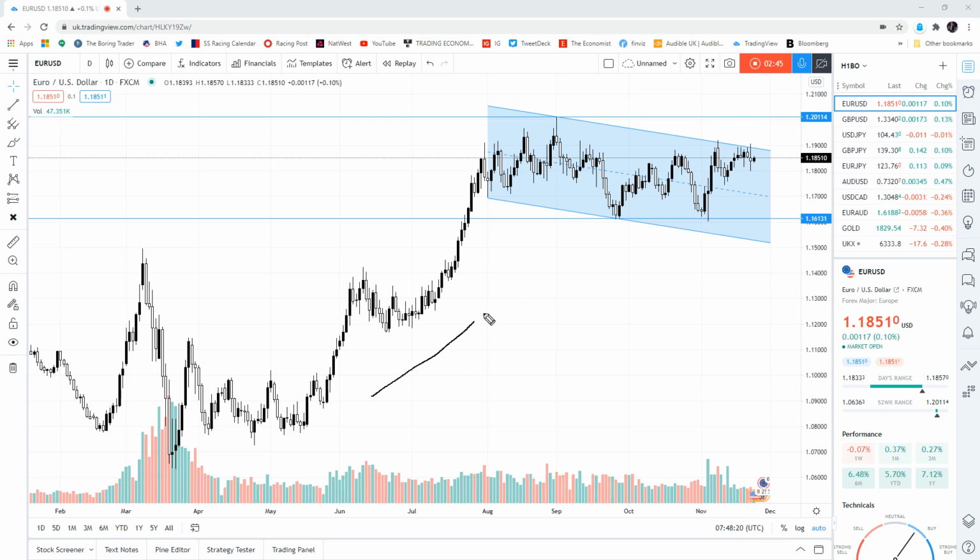Overall, we're still in this big uptrend. So this sideways consolidation is pretty normal, but I really expect a breakout soon.